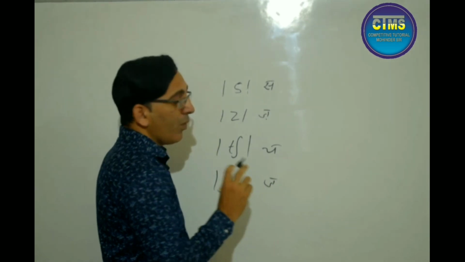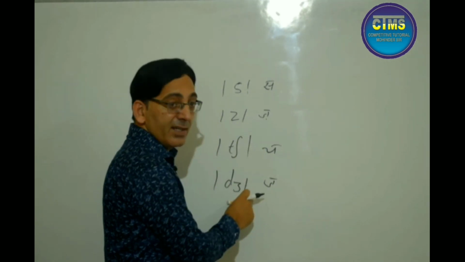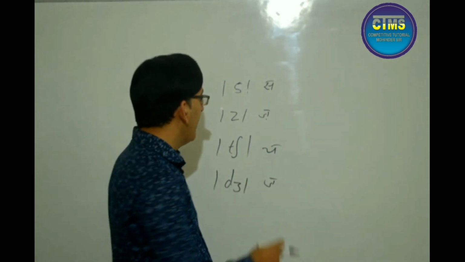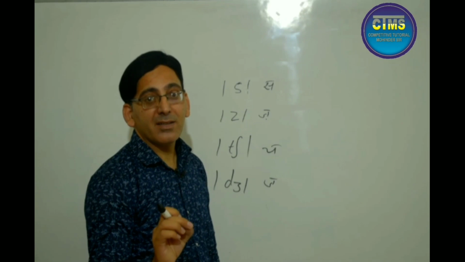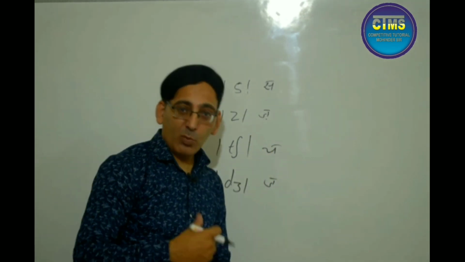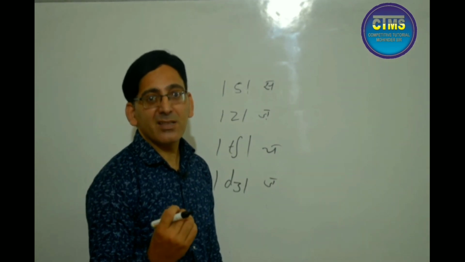Next is the ch sound, as in church. Now what's the difference between this J and this J? It's a simple J, and the other is a simple Z, but there is a nukta here. In Urdu we use this nukta, so it gives the sound of Z. Clear?